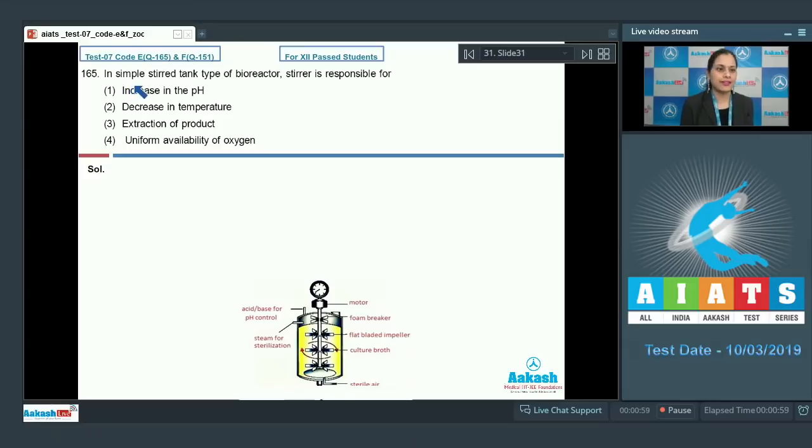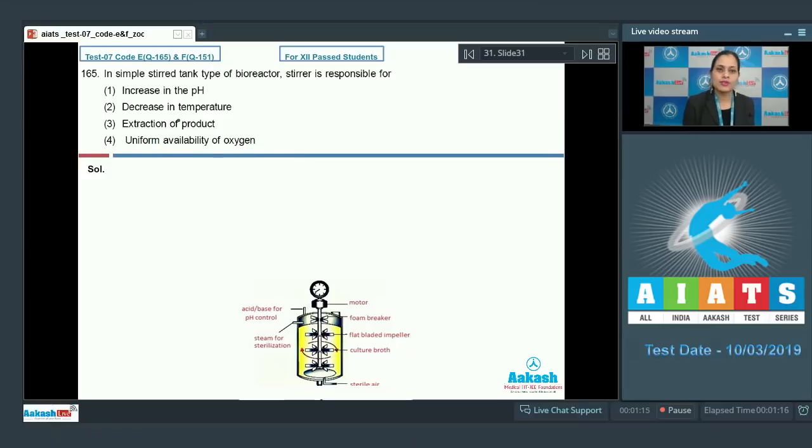Question number 165. In simple stirred tank type of bioreactor, the stirrer is responsible for, and the options are increase in the pH, decrease in temperature, extraction of product, and uniform availability of oxygen.